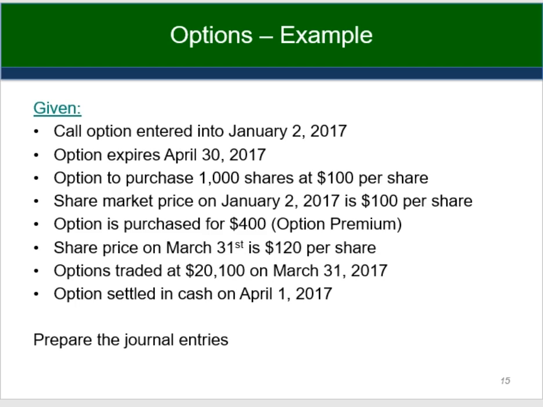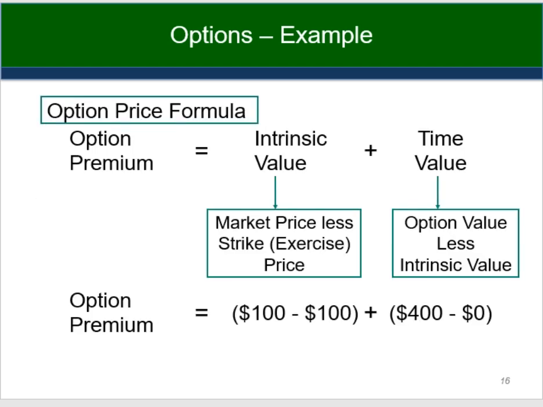I suppose it's 3 months. So the option trades at 20,100 on March the 31st, and you actually settle the option in cash on April the 1st, 2017. And so we're assuming March 31st is the end of the fiscal period, and so we need to prepare the journal entries to record these transactions.